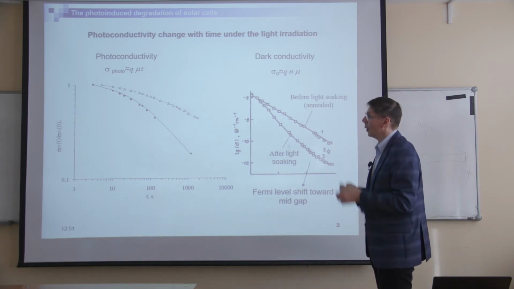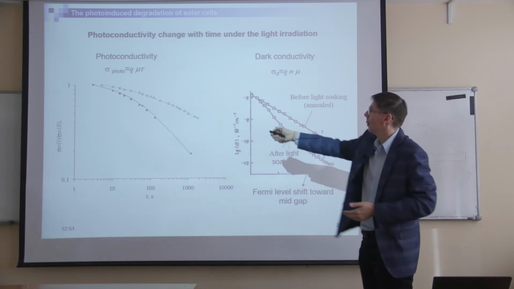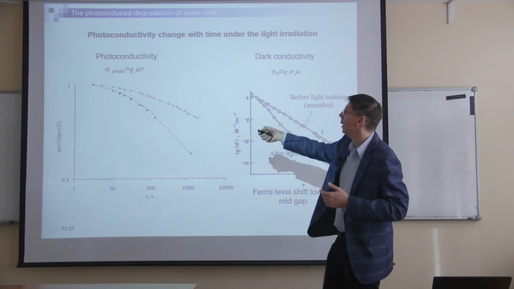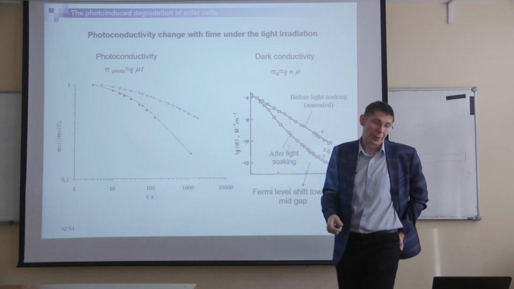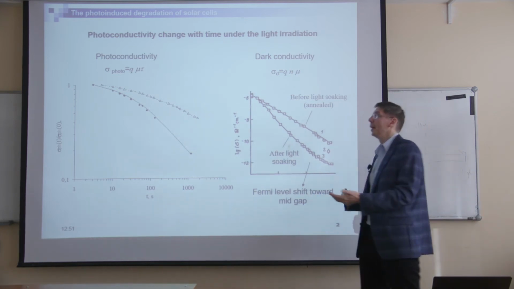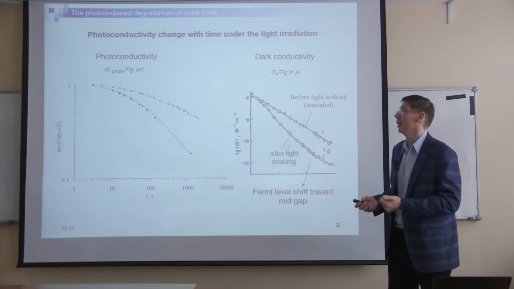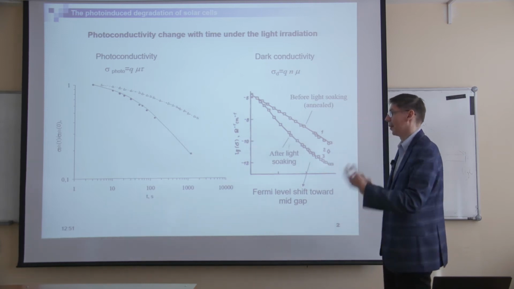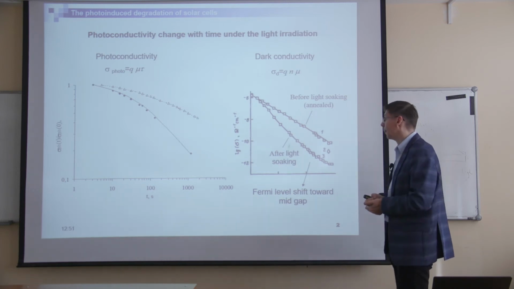So the decrease of the photoconductivity means, where q is the charge of the electron, that this decrease is related to the decrease of this mu-tau product. Actually, both the decrease of the mobility and of the lifetime are related to the increase of the defect density. It's obvious. So you have a high concentration of the defects, you have a low mobility or low lifetime.